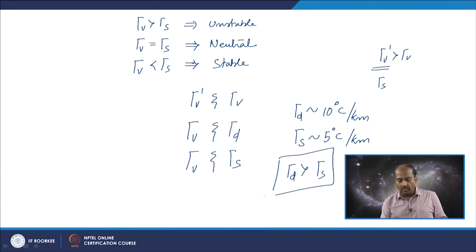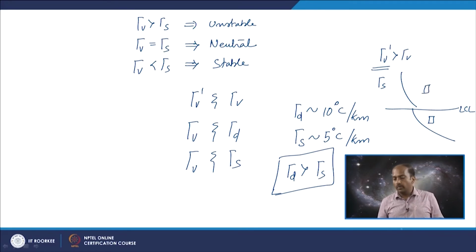Now, we can combine these conditions and write conditions for an air parcel which is dry in comparison to the atmosphere and an air parcel which is saturated in comparison to the atmosphere, because the rates are different. If this is LCL, some conditions are good here and some conditions are good here, right. If you take this air parcel above the LCL, the things are different, right. So, we can combine these three conditions and rewrite the stability conditions in a more appropriate way.